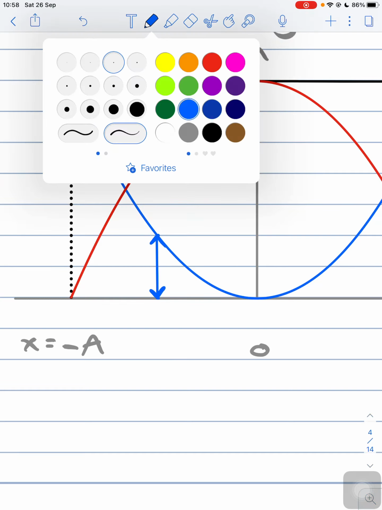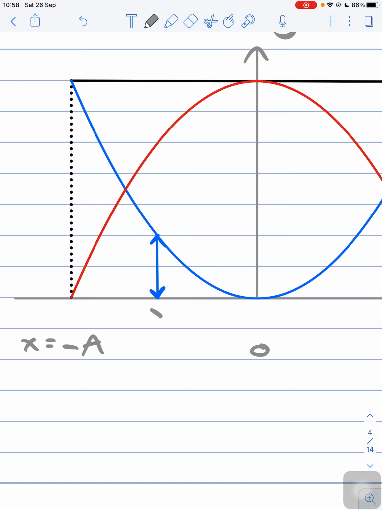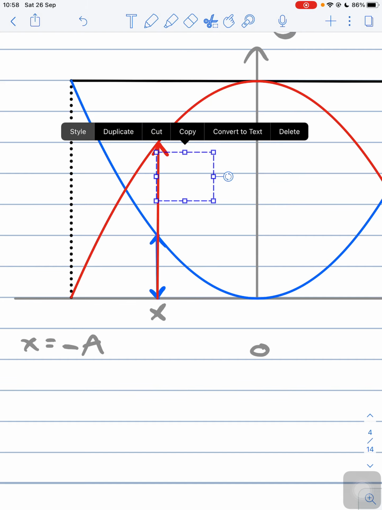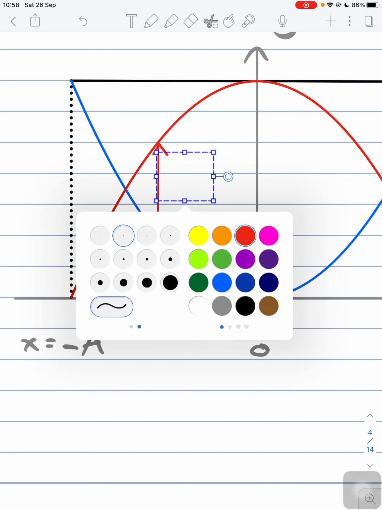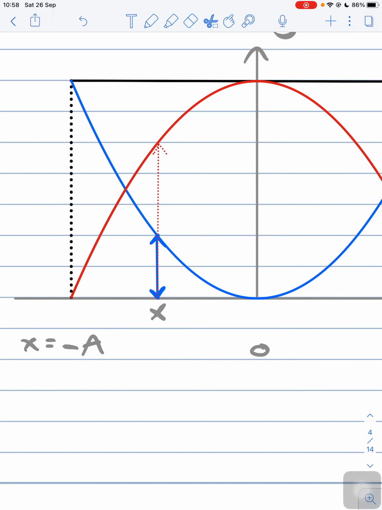If we look at any position x here, this length plus this length, so I'm going to make it thinner and maybe dashed.